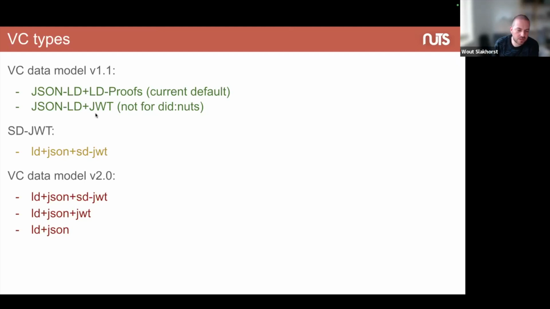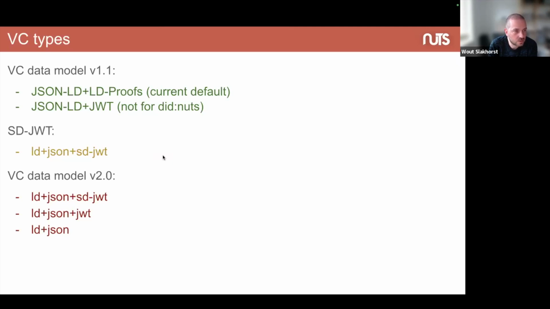What is happening is that the selective disclosure JSON web token credential type is recommended by the architectural reference framework for eIDAS 2, because selective disclosure is recommended for all presentations. And the official media type for that one is application/vc+ld+json+sd-jwt, which is a mouthful.